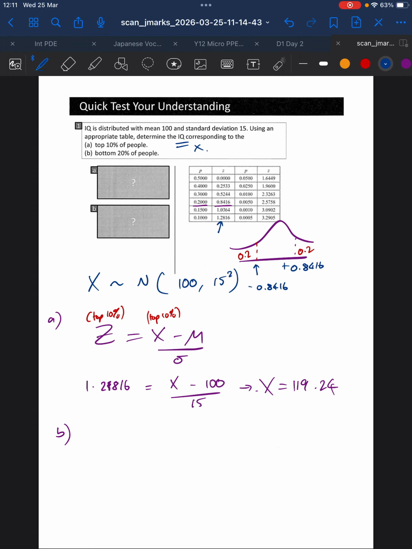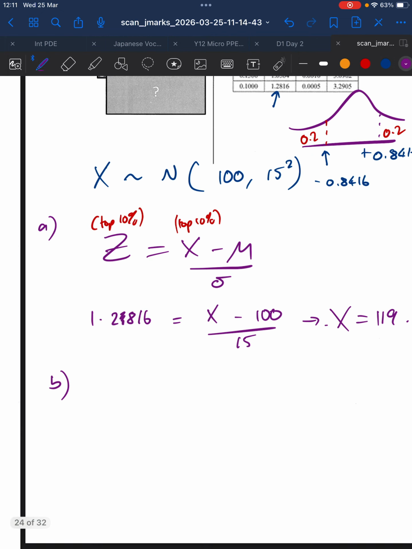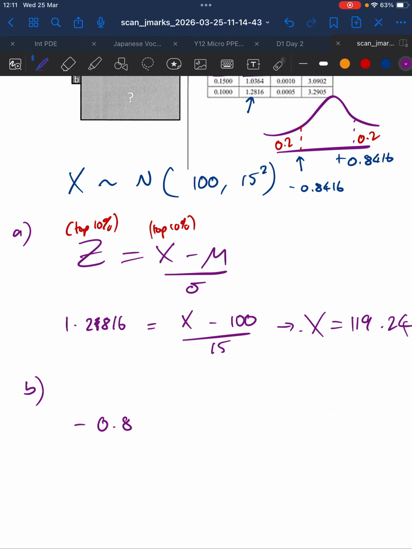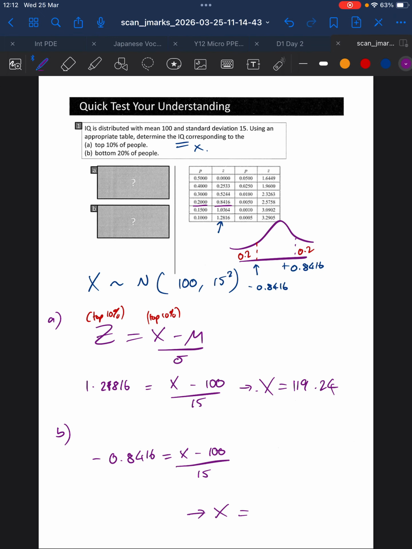And again, we repeat the same process, okay? So minus 0.8416 equals X minus 100 over 15. We rearrange and we would get our answer. And our answer for this one is 87.376 is what my notes say.